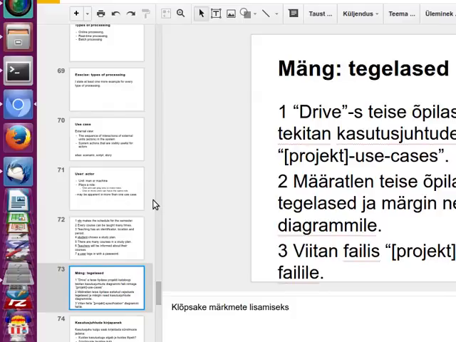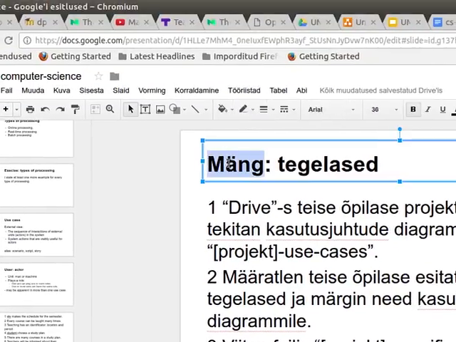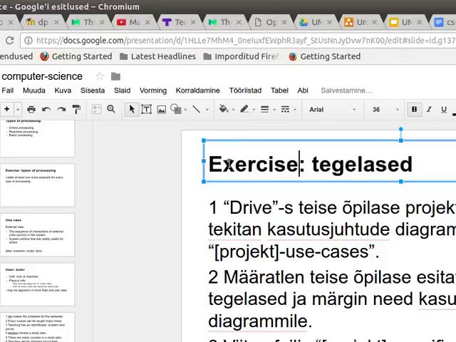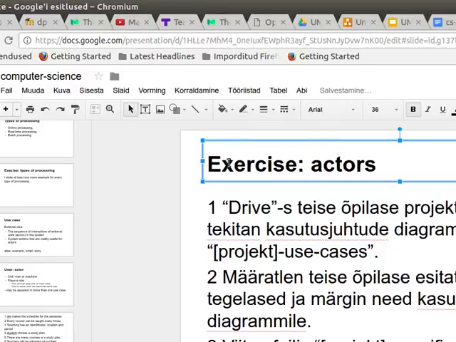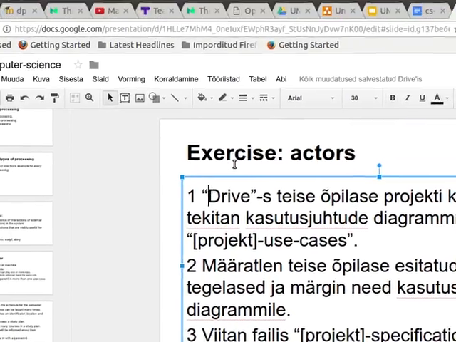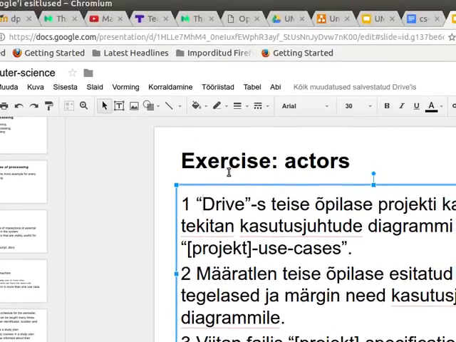Next one will be an exercise again. Exercise. Actors. Soon. Now you don't know yet what that exercise will be.